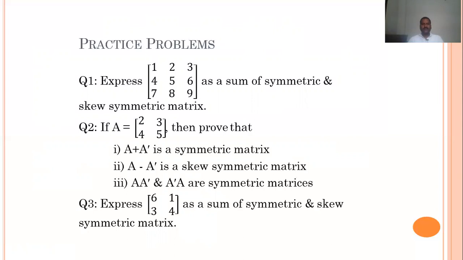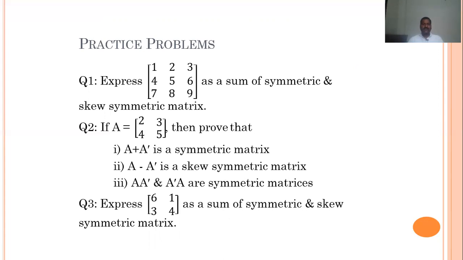And there is a small result, which is pretty simple. We can prove that. Here it is. If A is a square matrix, then A plus A transpose is a symmetric matrix, and A minus A transpose is a skew symmetric matrix. Then we can write A as half times A plus A transpose plus half times A minus A transpose.